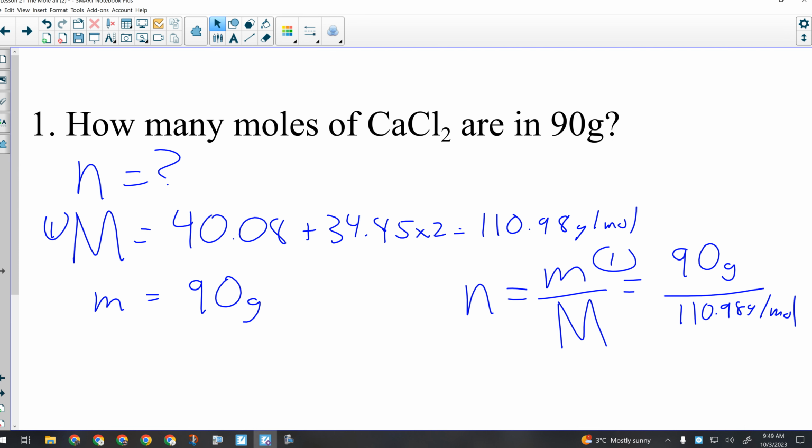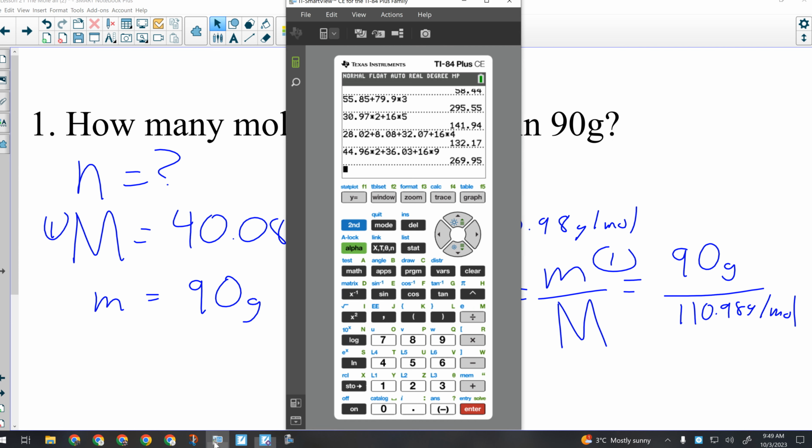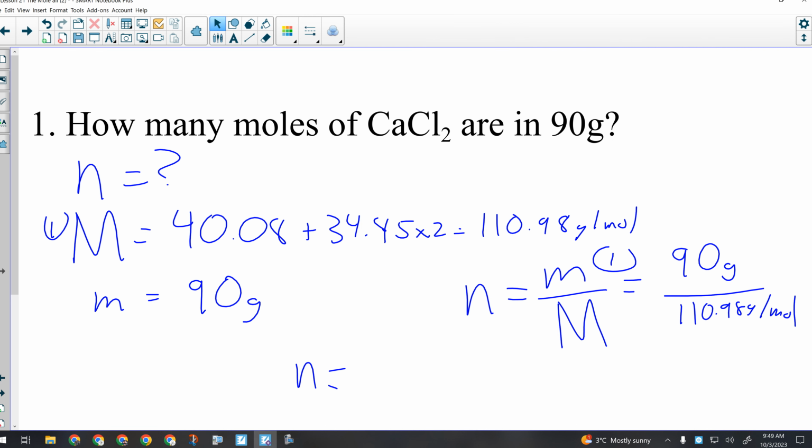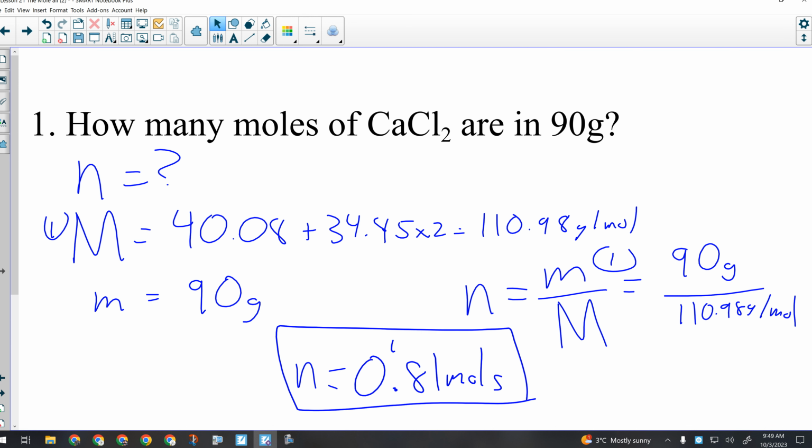And then you would get a mark for your final answer. All right, so we're looking at 0.81 moles. That would be a 3-mark question.